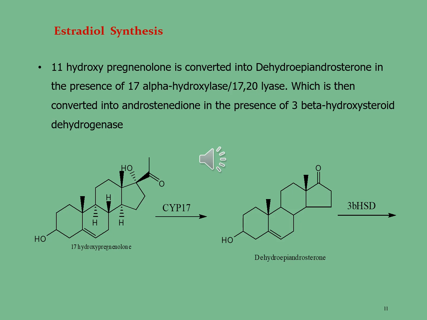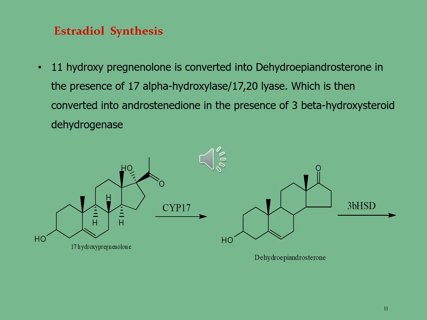So you can see over here in this reaction the first structure is 17-hydroxypregnenolone, which has a hydroxyl group at carbon 3 position, an acetyl group at carbon 17 position, and a hydroxyl group as alpha also present at carbon 17 position. In addition, there is a double bond at carbon 5 position.